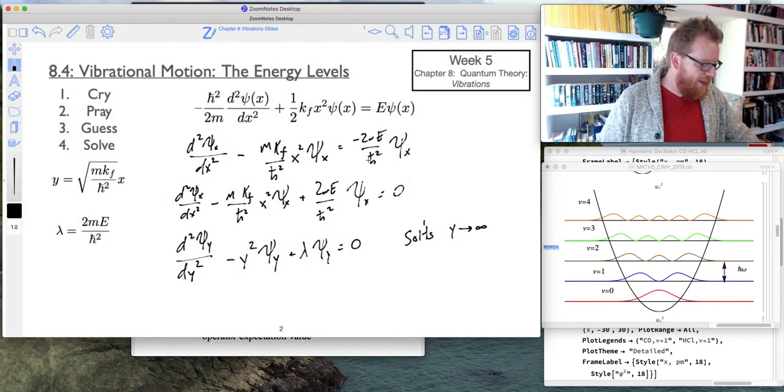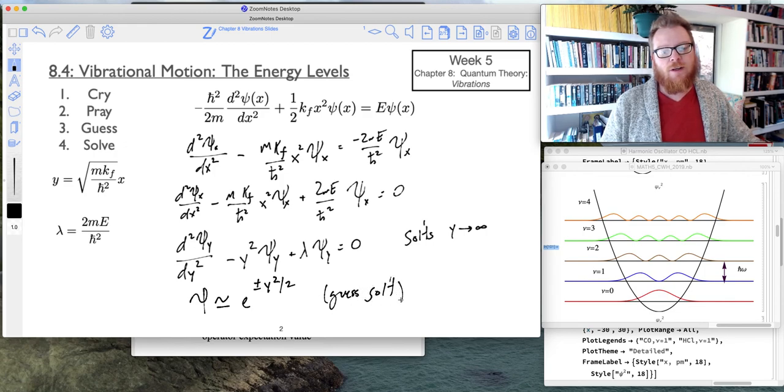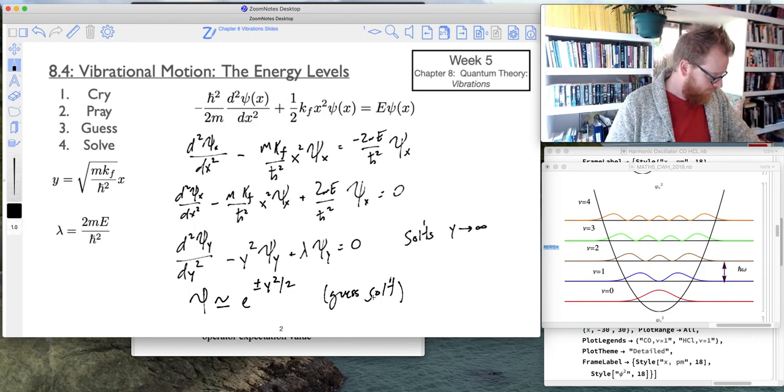So what that means is our guess solution is slightly different than the guess solutions we've made before. And I'm also going to write this as proportional or approximately equal to e to the plus or minus y squared divided by 2. So this becomes our guess solution. And this is kind of the standard procedure in solving the harmonic oscillator problem. Okay?